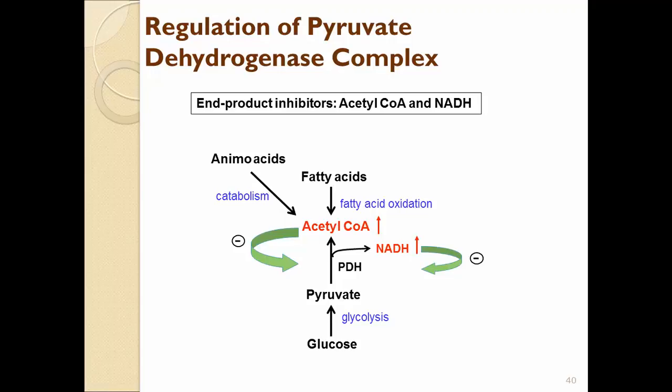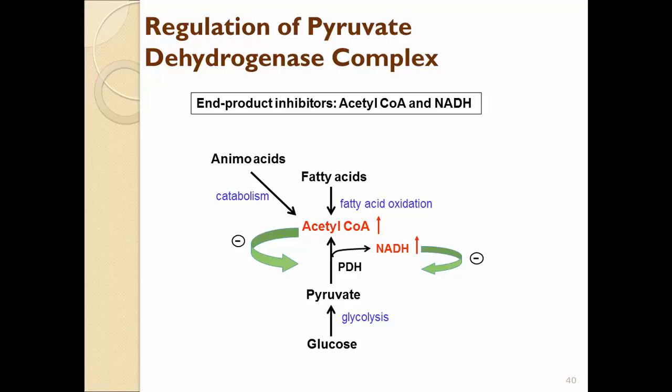And this enzyme's activity is also controlled by several things, and two important things are its products, NADH and acetyl-CoA, the products of the pyruvate dehydrogenase catalyzed reaction, right?